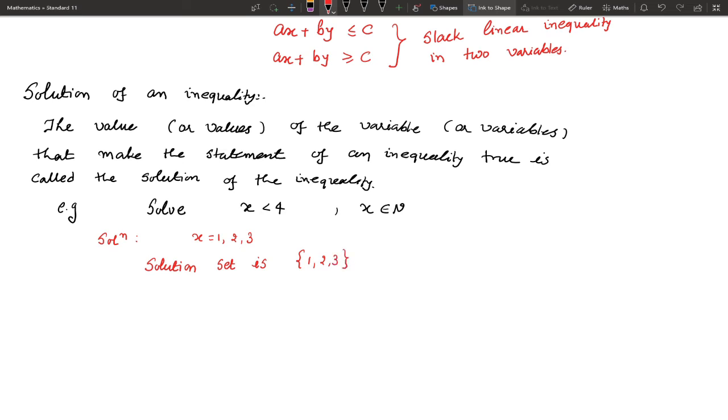The values of the variable that make the statement of an inequality true is called the solution of inequality. Throughout the chapter we have to solve inequality. Inequality may be in terms of one variable or in terms of two variables.